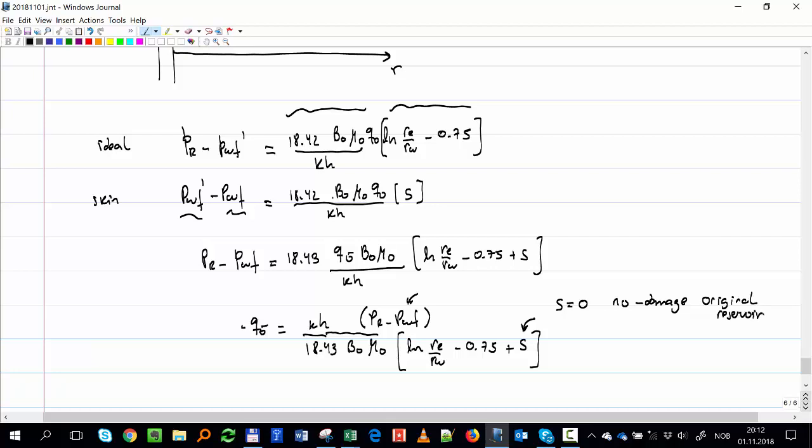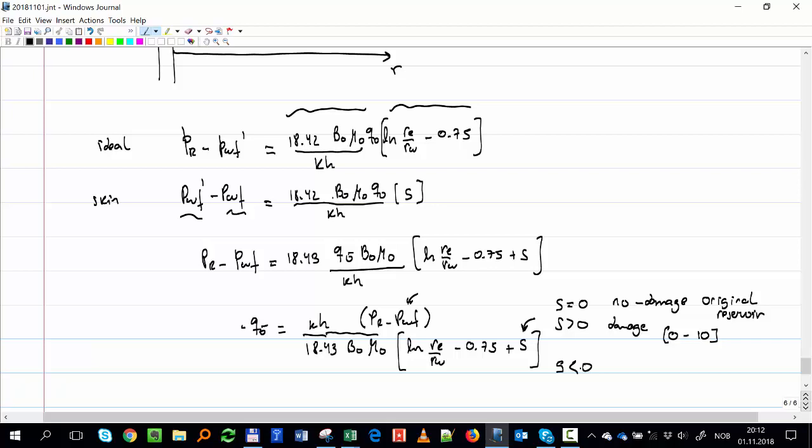S positive means damage, and it's usually a number that can go all the way between 0 and maybe 10 if you have very severe damage, or it can also be negative.